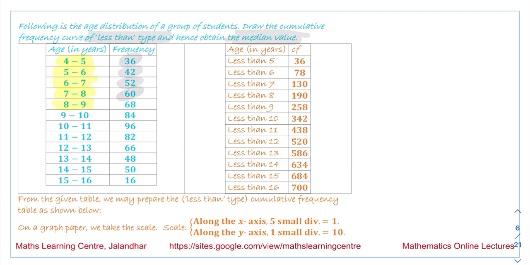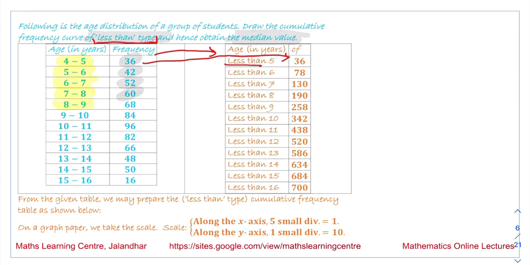So we have to draw the less than type Ogive. We have converted this to the cumulative frequency of less than 5. The number of students having age less than 5 is equal to 36.